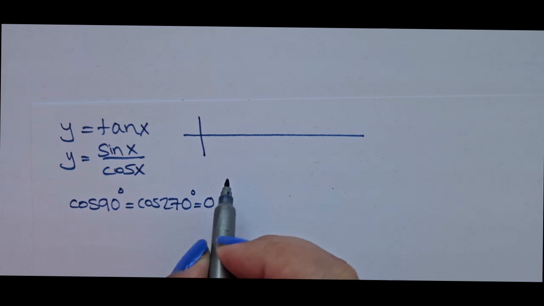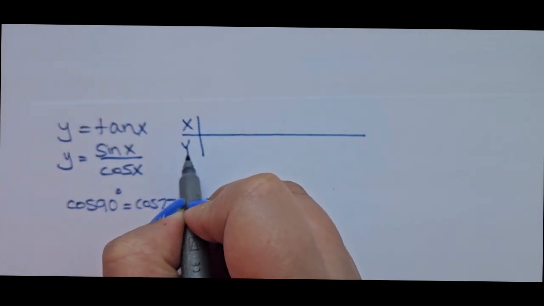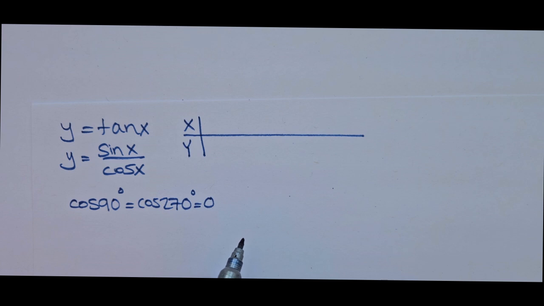These points are troublesome. We have to really watch out for them because at these points the denominator would be 0, and when the denominator is 0, your fraction is not defined. When a function is not defined, you can't just plot it at this point. I'll show you what to do in that case.